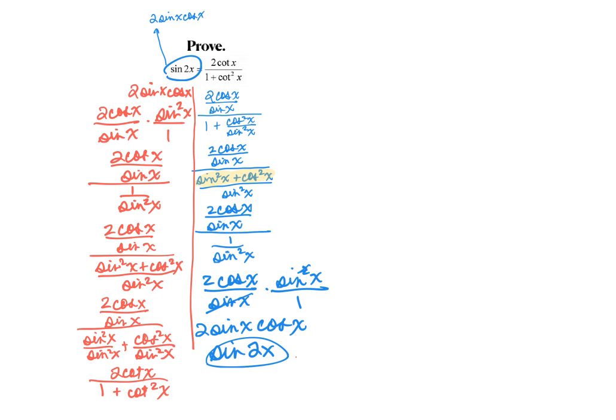Usually there is one method that's more intuitive than the other. In this case, I would never think to go from this step to this. As I said before, I am really good at proving trig identities, and I'm good at that because I have done a lot of proofs.